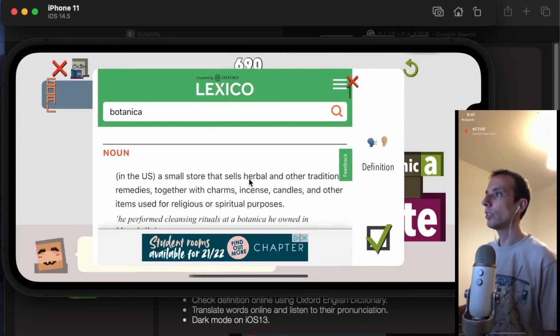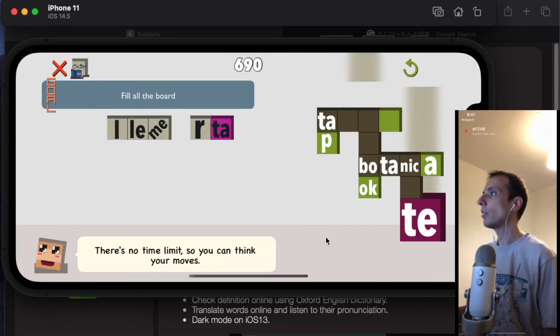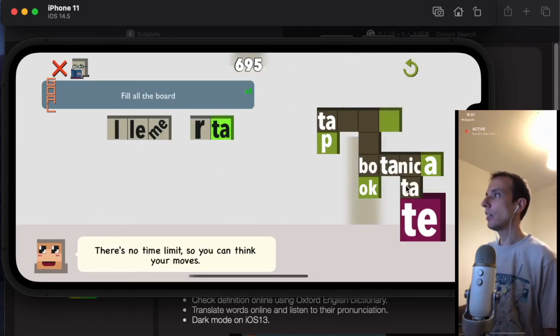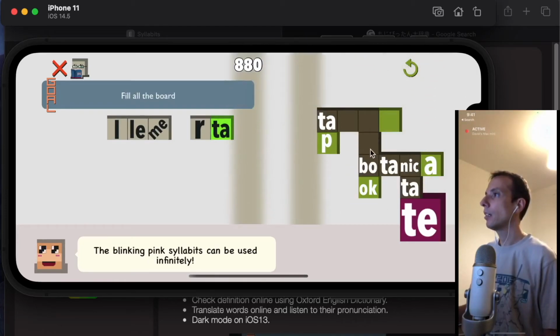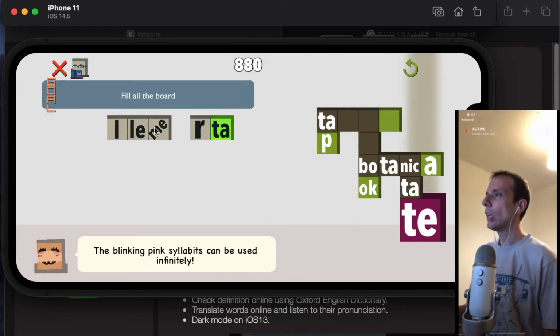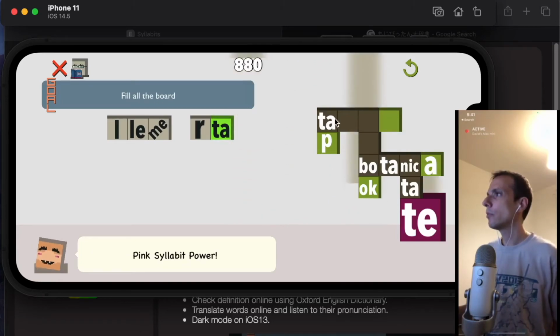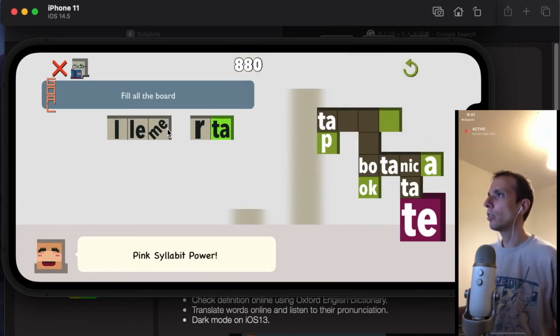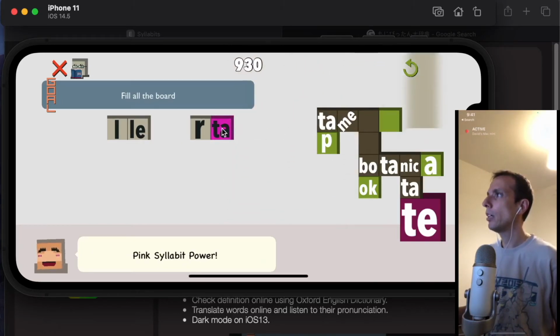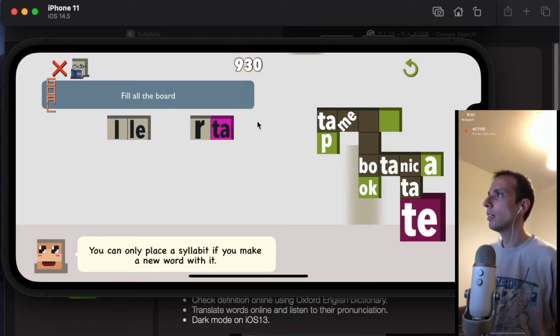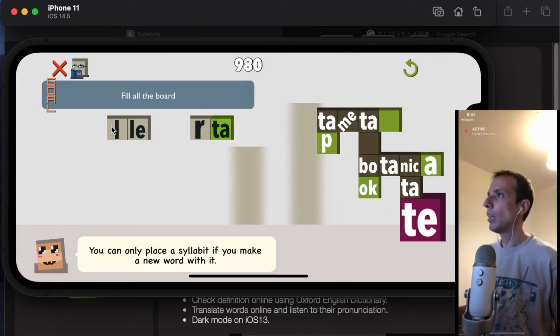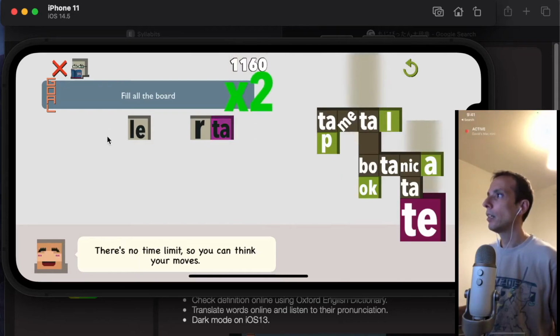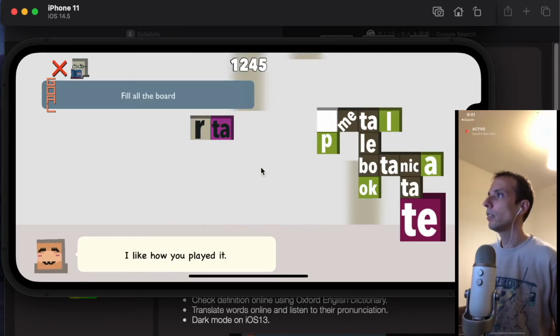Small store that sells herbal, and so on. And then let's try with the nictate. I cannot put ta in there, but from the top I can do tame, and then meta, and then metal, and then tail. Right.